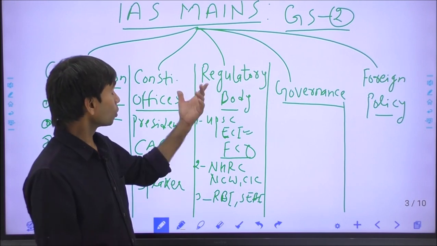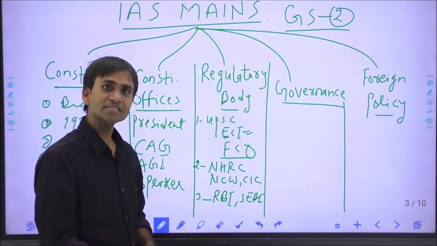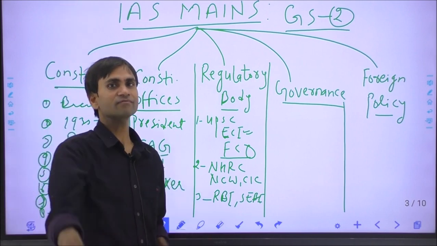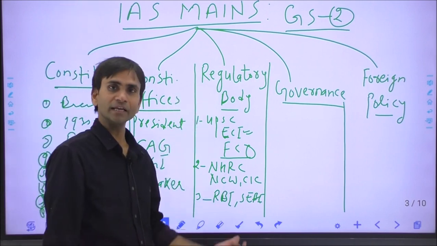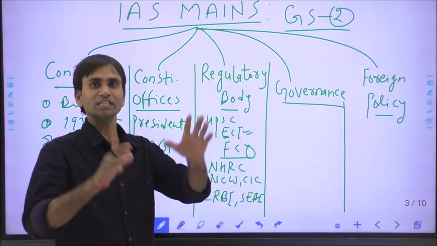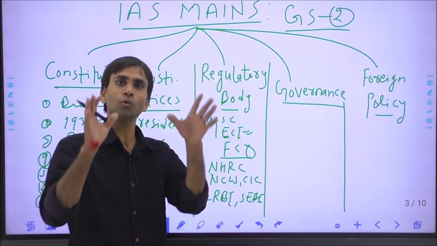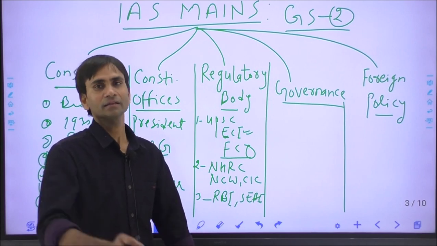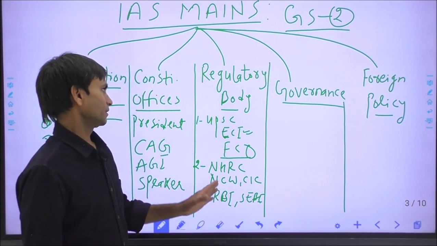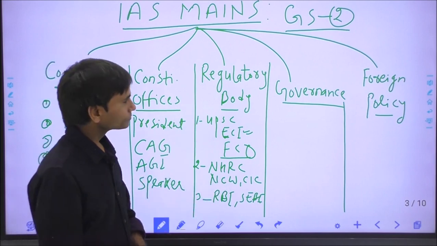So the role of these regulatory bodies is increasing, and in the future it will definitely increase. We have to prepare these bodies to be strong, transparent and honest, so that they can play their role honestly for the Indian people.